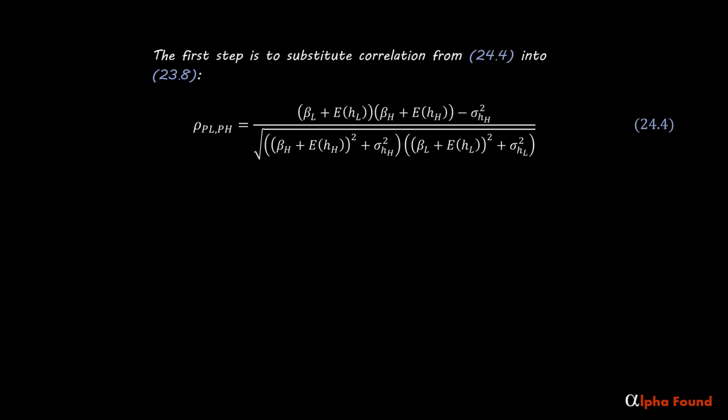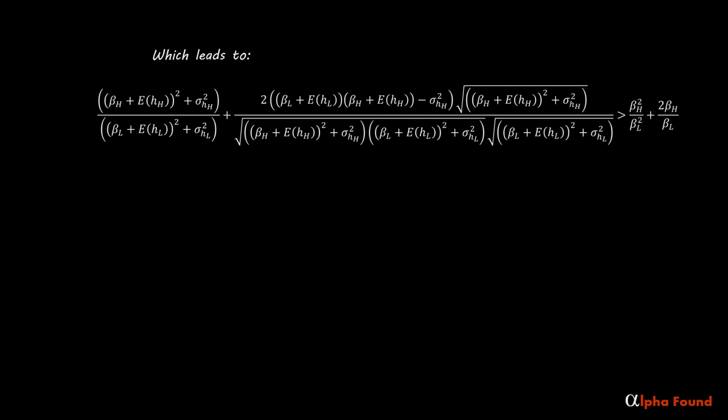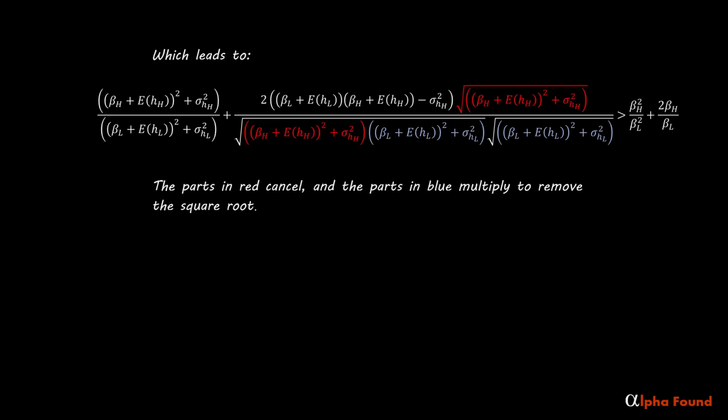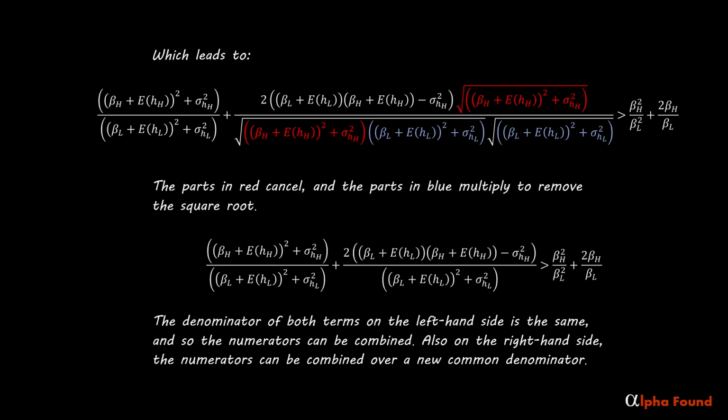That is, this into this, which leads to the parts in red cancel and the parts in blue multiply to remove the square root. The denominator of both terms on the left-hand side is the same, and so the numerators can be combined. Also, on the right-hand side, the numerators can be combined over a new common denominator.